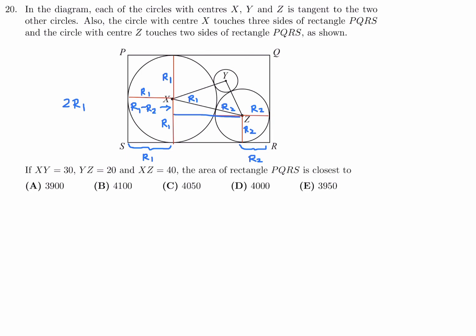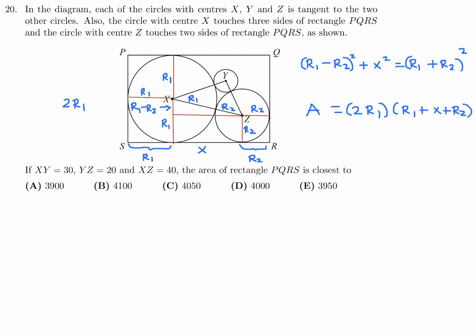And then this segment I can just call X, whatever you want to call it. So that means (R1 minus R2) squared plus X squared will be (R1 plus R2) all squared. That will allow me to figure out X. And then I can just use the area formula. Area is going to be 2R1 times (R1 plus X plus R2). That should be it.